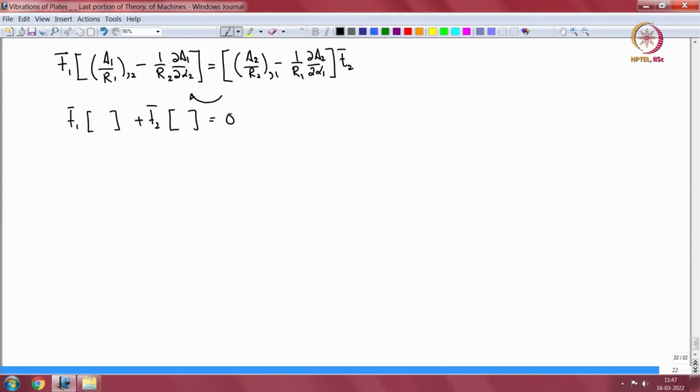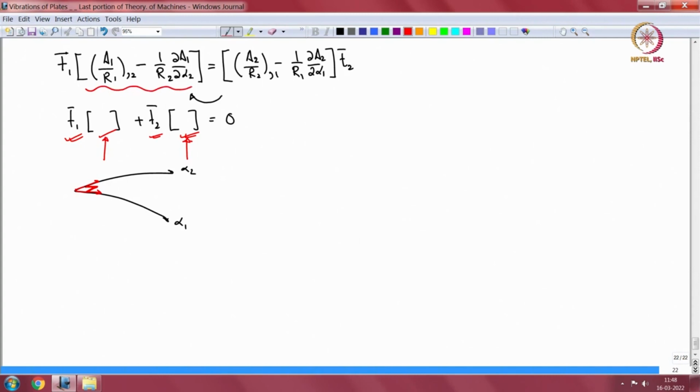Okay, so if we look at the surface now, this is alpha 1, this is alpha 2, and T1 is the unit tangent vector, T2 is the unit tangent vector. They are perpendicular to each other and linearly independent, and so something in T1 and something in T2 added goes to 0. Then it must be that this is 0 and that is 0.